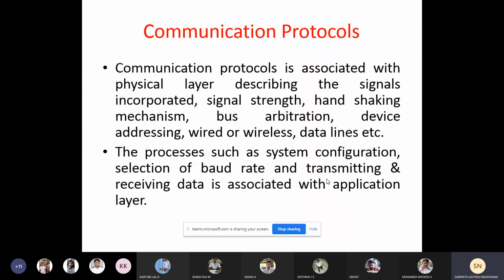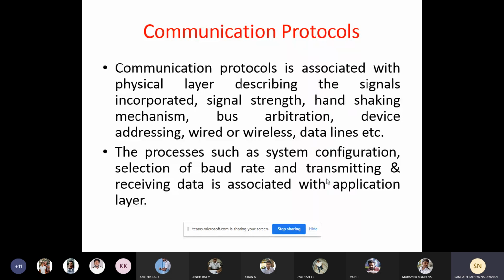The transmission can be both wired or wireless. Accordingly, how many data lines are used for data transmission is all indicated in communication protocols, particularly in the lowermost layer, that is the physical layer.